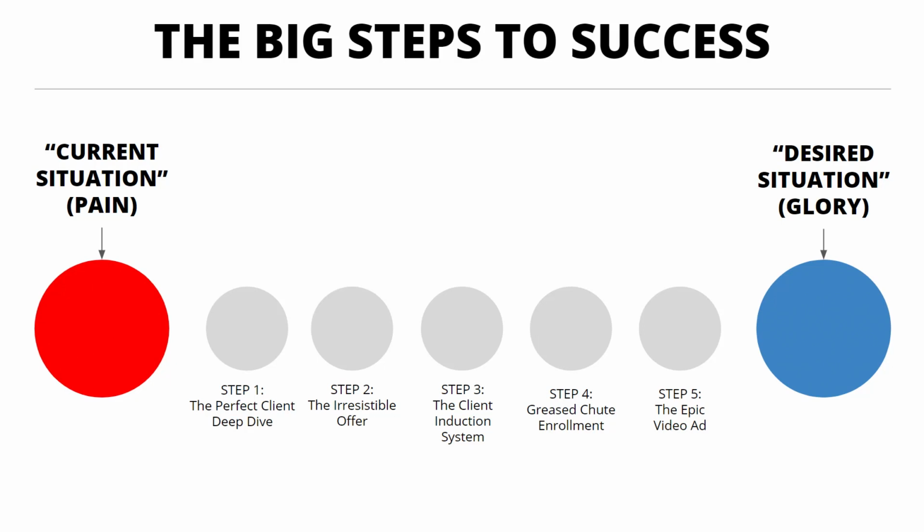Consistently and predictably every single week so that he's consistently generating leads and prospects for his coaching business. So that's step 3. Now, once we're generating leads and prospects and strategy calls for his coaching business, well, the next step is sales, right? So that's step 4, and that's my process called greased chute enrollment.